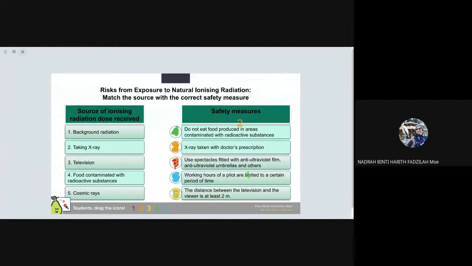Okay, untuk nombor tiga, exposure from TV, the distance between the TV and the viewer is at least 2 meter kan. Tapi itulah kalau kita pakai telefon untuk virtual reality macam mana pula ya? That is something to think about ya.